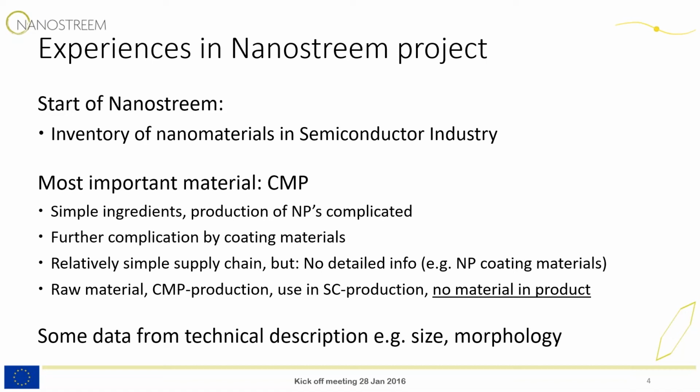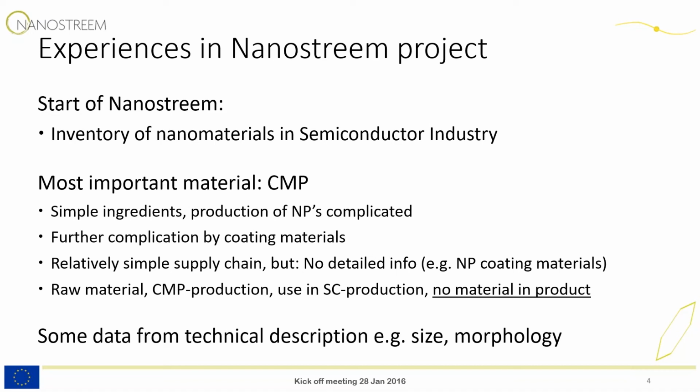Because that's maybe essential to name, the materials do not end up in the product. You could already see that in the presentation of Fiona Moclair. It is used to make our products, but it does not end up in our products. And that means that there is a relatively short supply chain.